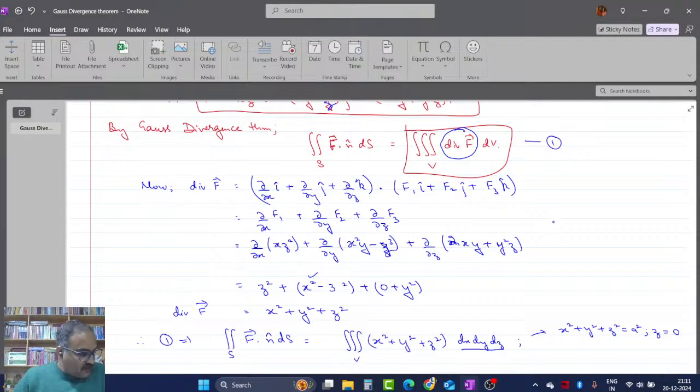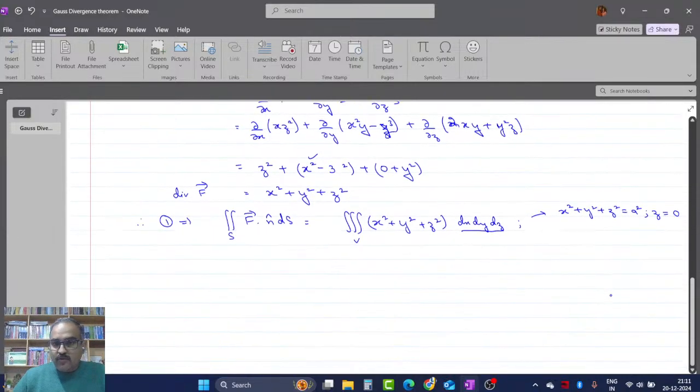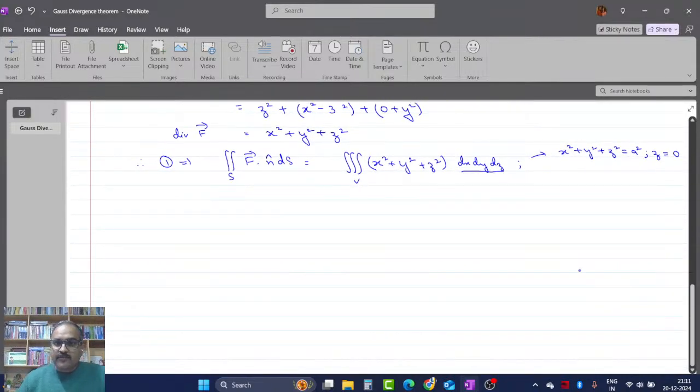Okay. So whenever we are going to use a sphere, what do we use? We use spherical polar coordinates.